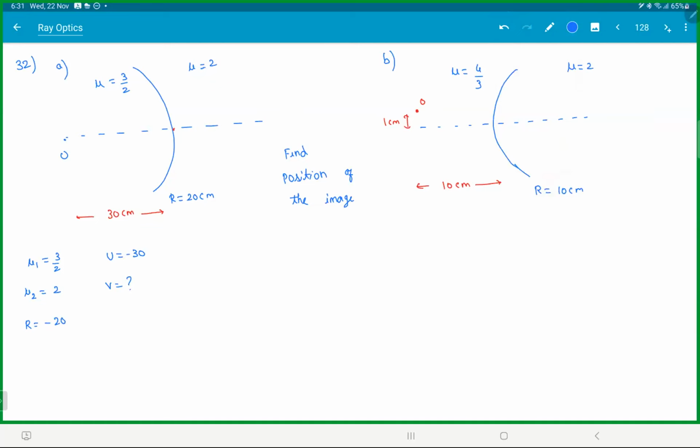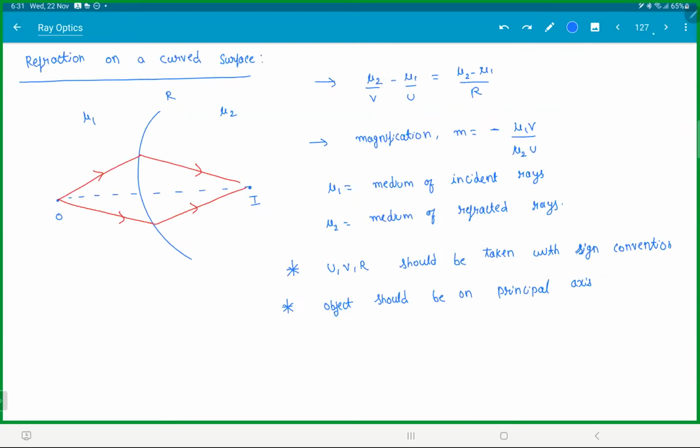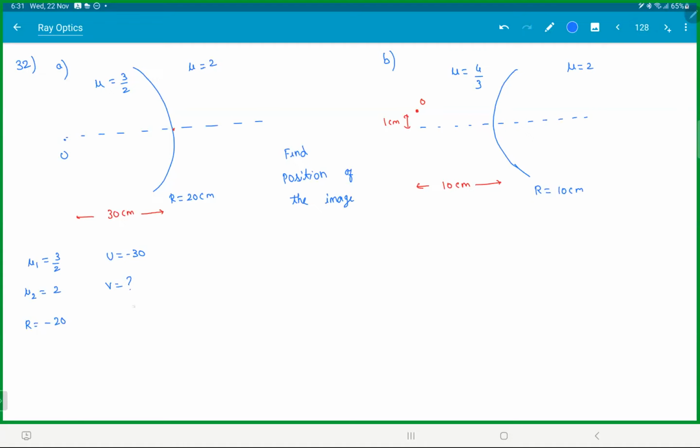Sorry. So now apply it in the formula. Mu2 by v minus mu1 by u is equal to mu2 minus mu1 by R. 2 by v minus 3 by 2 by minus 30 equals 2 minus 3 by 2 by minus 20. How much is this? 2 by v, 1 by 20 minus 1 by 40.